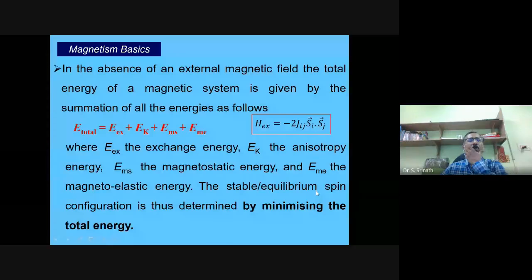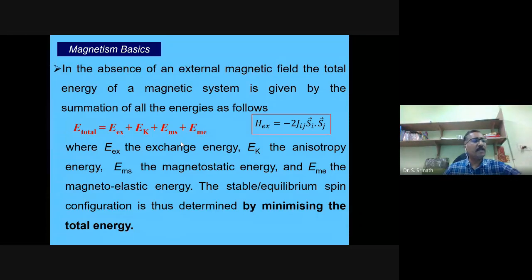So what we were discussing last time is basically that domains are present in ferromagnetic materials, because of which we don't see that the material is magnetic even though the temperature is less than Tc.